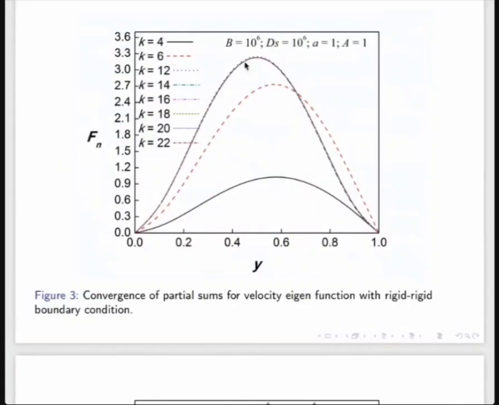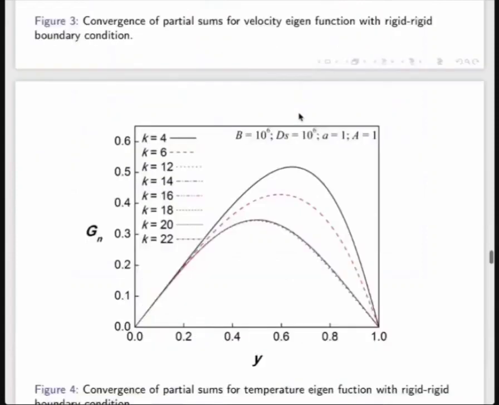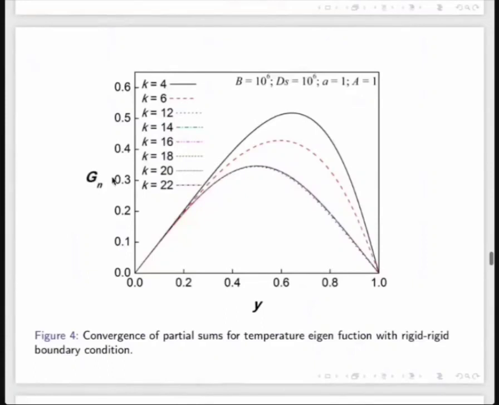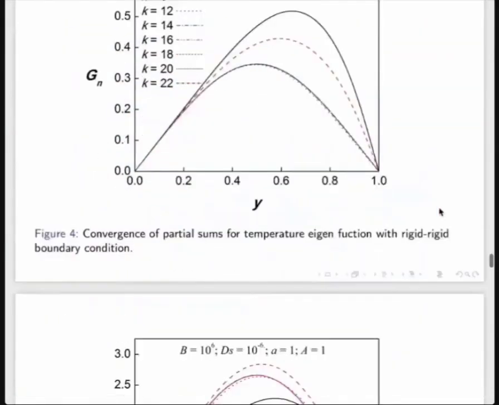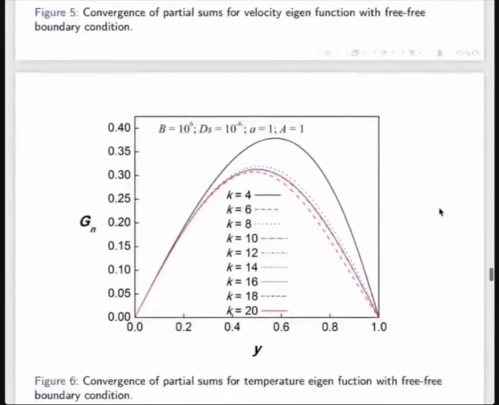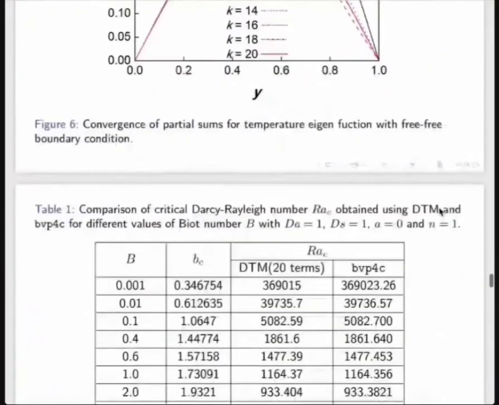And you see the solutions are converging to this parabolic profile. Only up to 20 to 22 terms are enough to achieve convergence. The rest of the figures also show the partial sums plotted for various numbers of terms of the series, and they all show that the result converges in less than 20 terms.